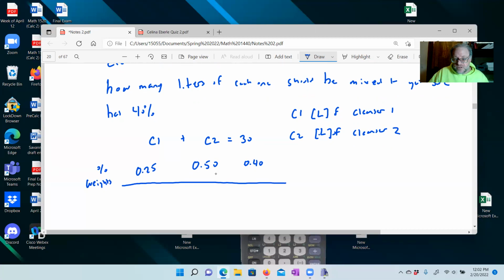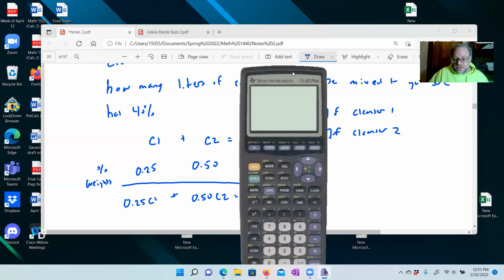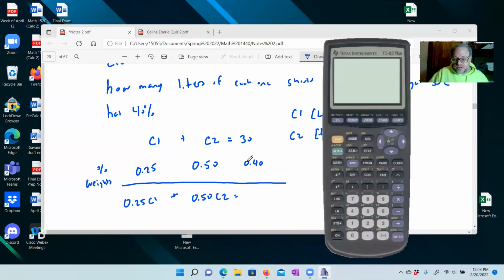So we have 0.25, the amount of acid here, times C1, plus 0.50 C2 is equal to, and I need 40% of 30, right? I'm going to show you the calculator, but it's just 3 times 0.4, so 30 times 0.4.